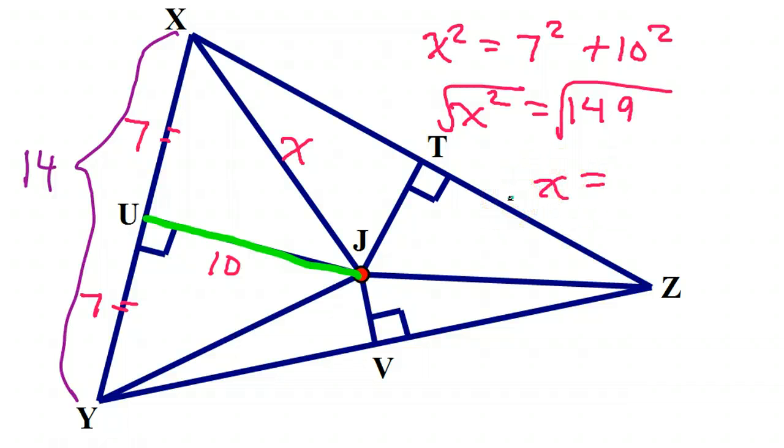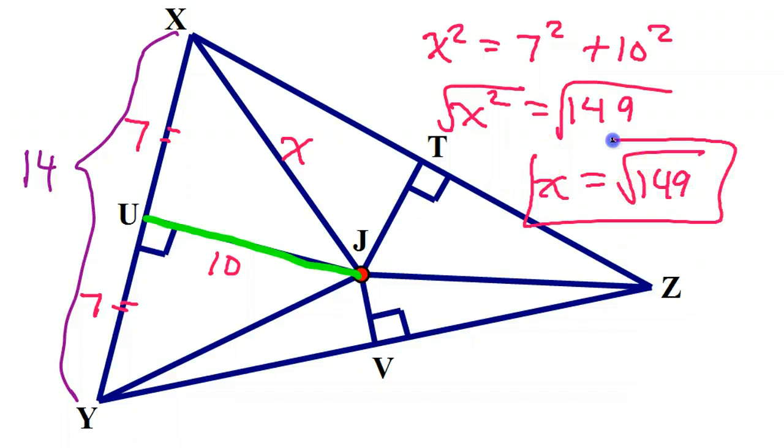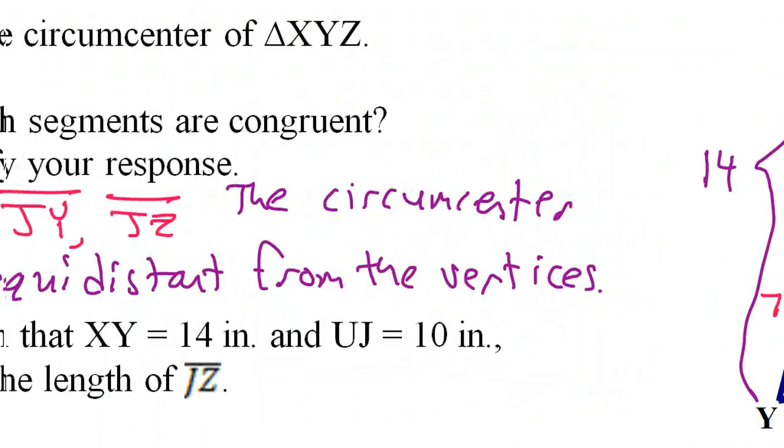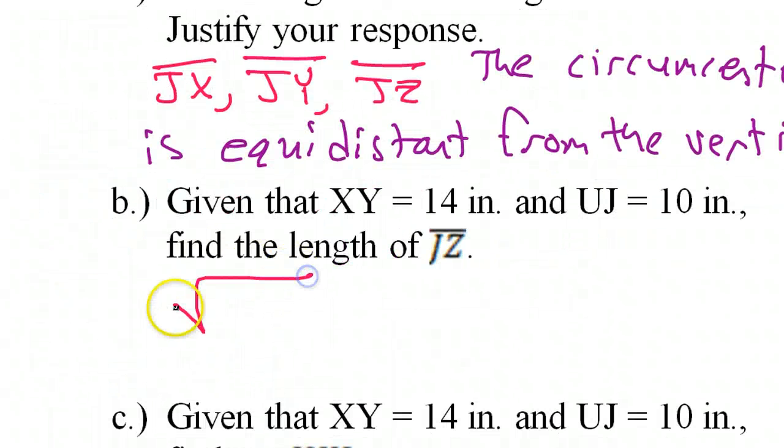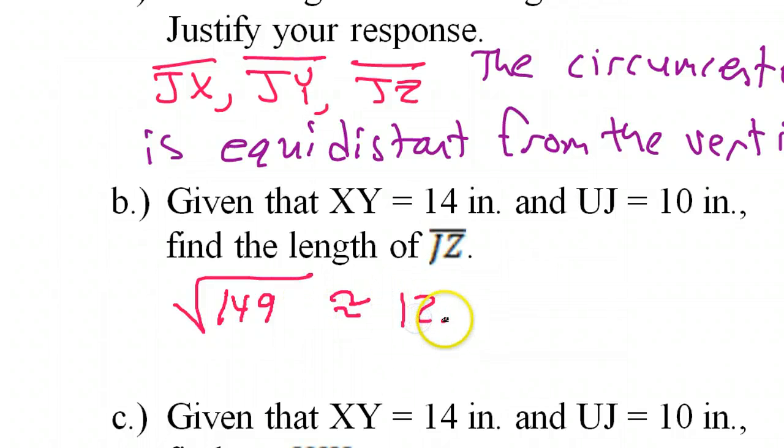Square root of 149, nope. So that is the answer. I am going to find the approximate decimal, hitting my toggle key. That is 12.21 inches.